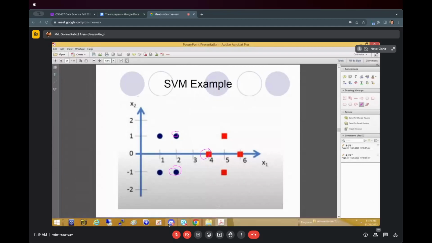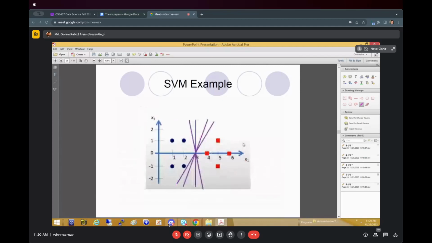So we have the support vectors. Consider that this one is S1 and this one is our S2, and here this one is our S3. Then we can draw different kinds of hyperplane.